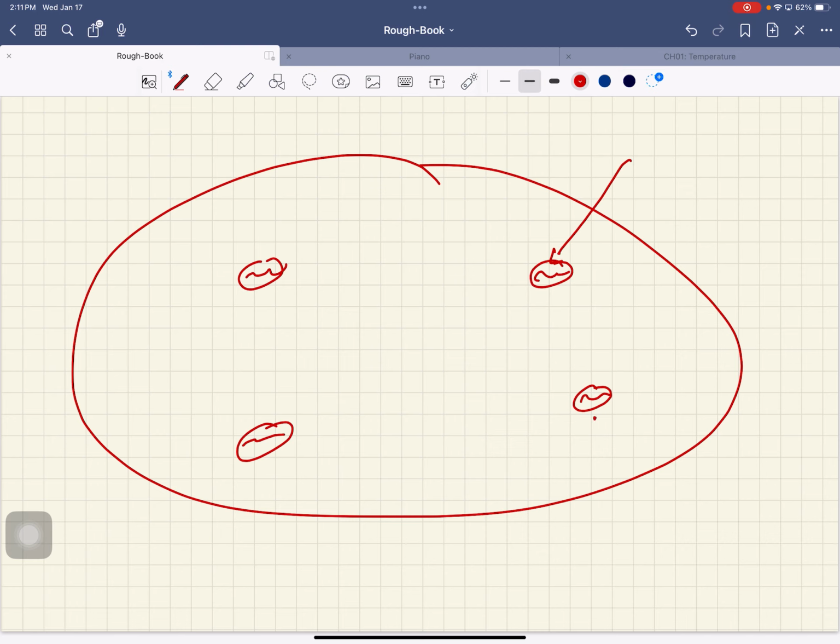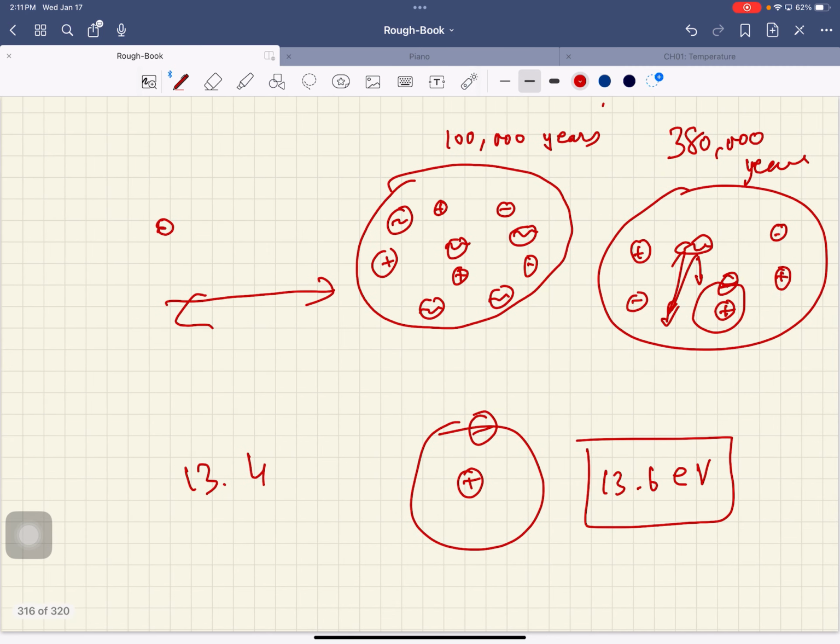The temperature of this radiation is 2.73 degrees Kelvin. Back then, the temperature of that radiation was 3,000 degrees Kelvin. So it's cooled down by a factor of 1,000.